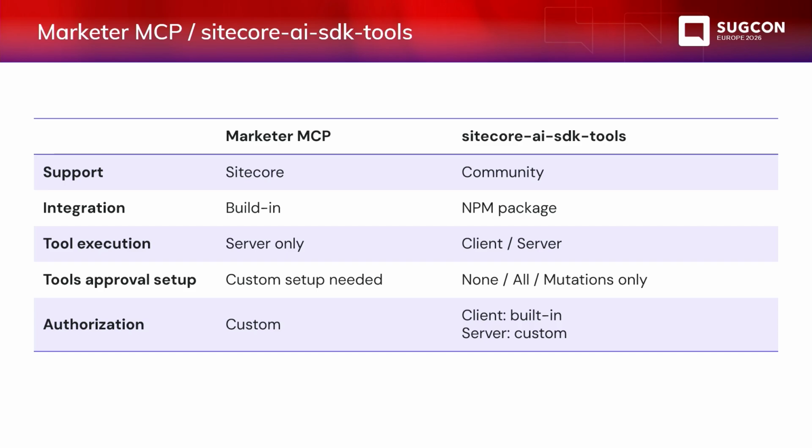You can also choose the approval setup, so it's built in. You can configure it, and also there are some client-specific tools which I talked about, with Page Builder context. So if you need only server-side, Marketplace MCP is fine. If you need the choice, you can check this package.